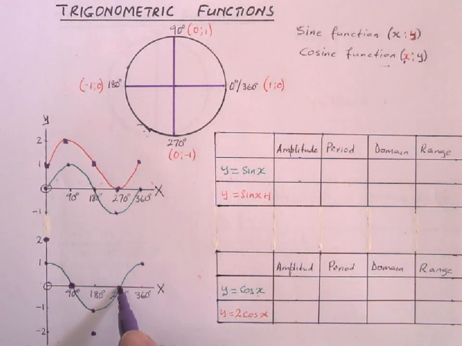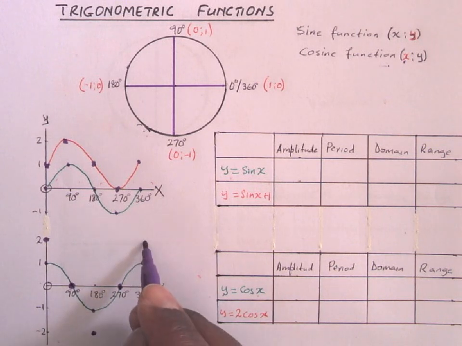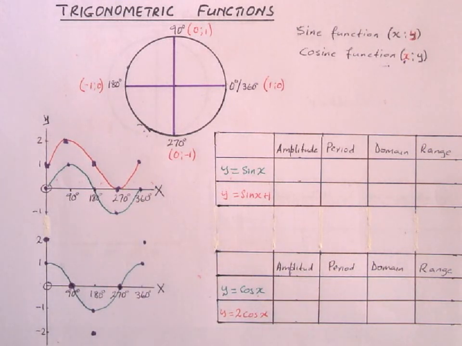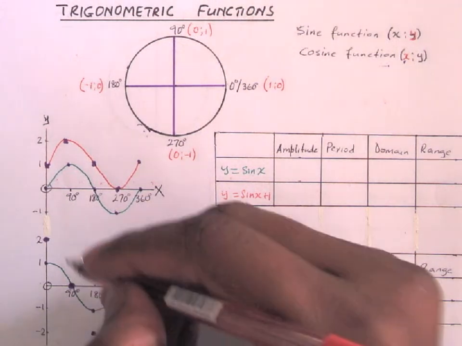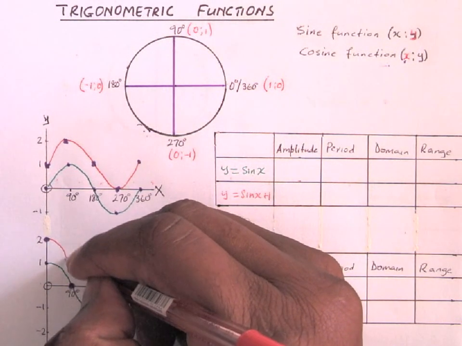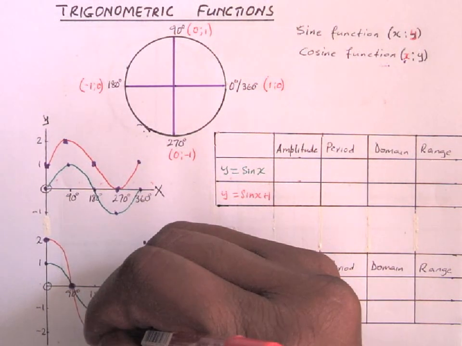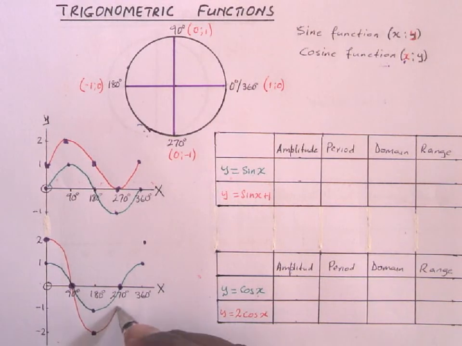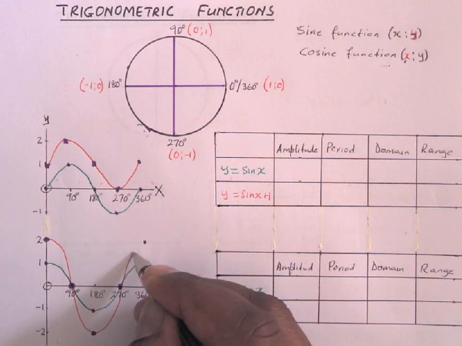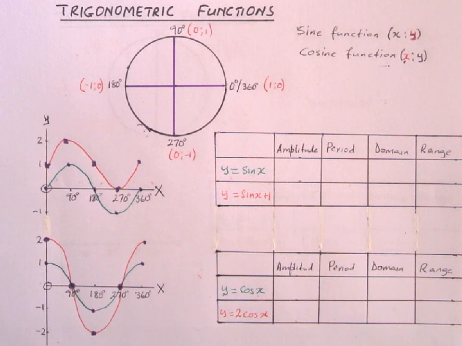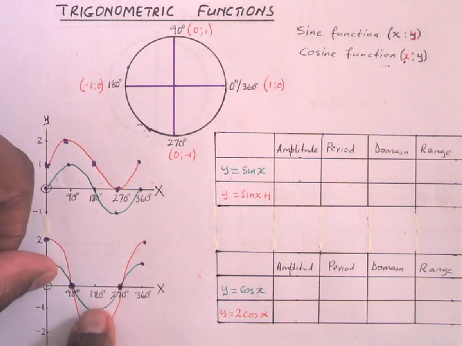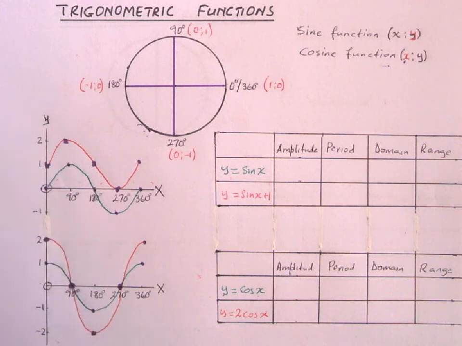I multiply it by 2, I get the same point there. The y value there is 1. I multiply it by 2, I get it there. It seems as if the graph now is having a shape like this, going down again, and then goes smoothly up and then to that point over there. So which means that the green graph has been stretched. That's the vertical stretch that I was talking about in the previous lesson.